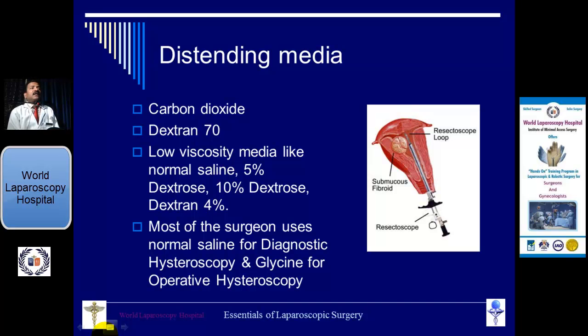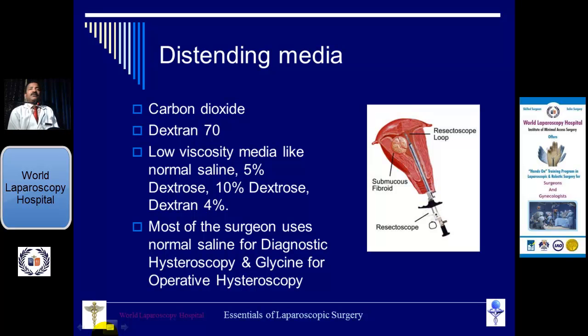The effect of the current will be minimized, and there is a potential risk of dispersion of the current to the other tissue also. So that's why normal saline can only be reserved for diagnostic hysteroscopy. Normal saline cannot be used for operative.